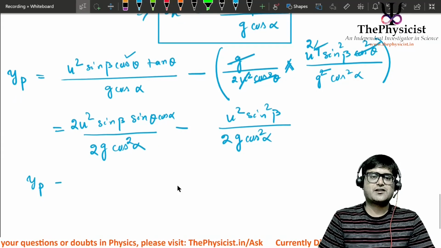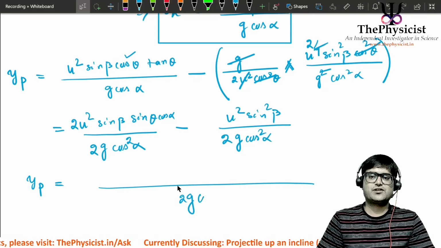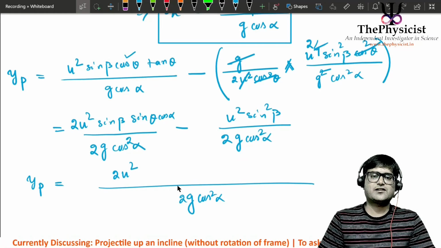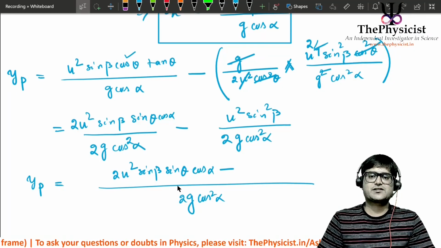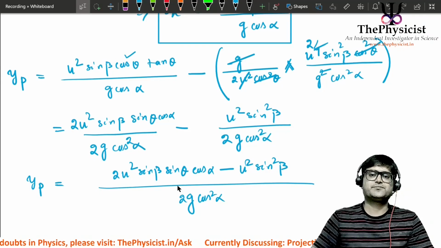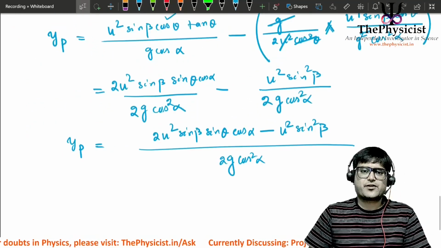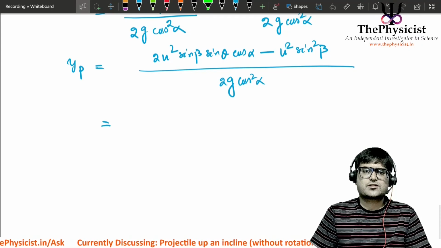So yp will be equal to 2g cos squared alpha. Here I'll have 2u squared sine beta sine theta cos alpha minus u squared sine squared beta, right? We are simply going to shorten it.